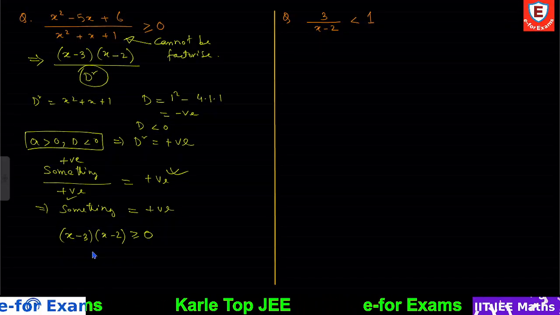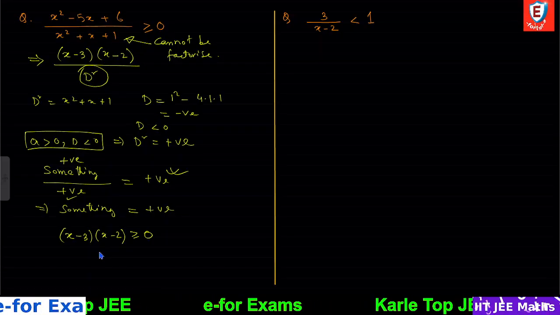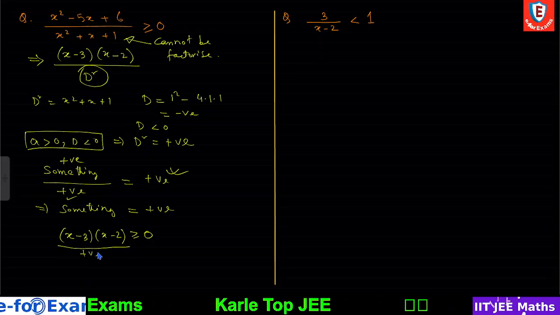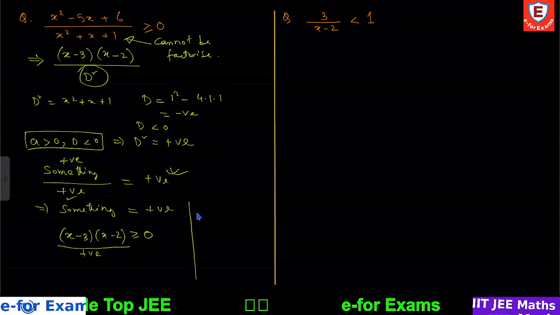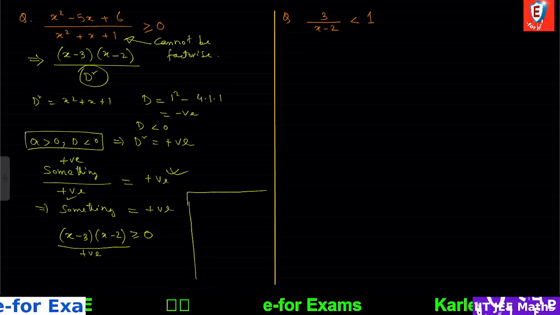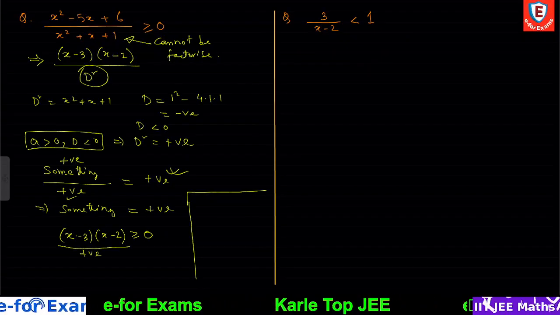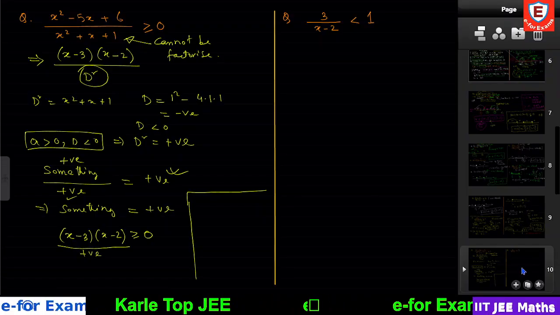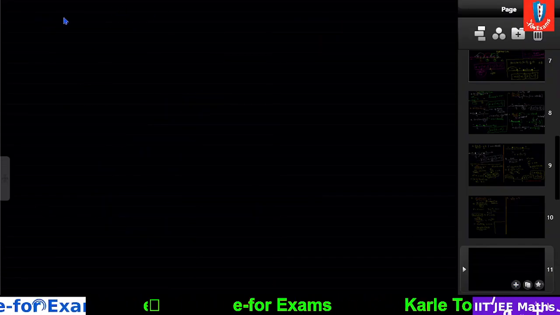So we can cross multiply, divided by positive value. Note down this one, multiplication.